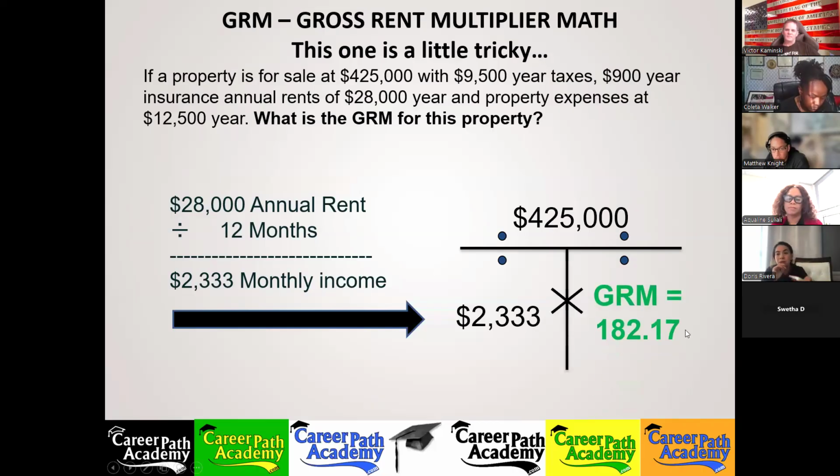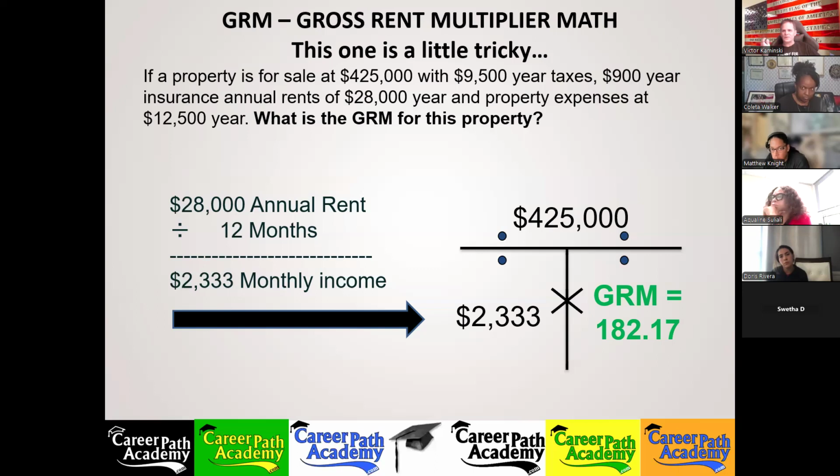There you go. The T formula makes it easy, but you need to know what numbers to plug into the T formula, or the reverse T formula in this case, where the large number goes up top and the gross monthly income on the bottom. This question gave you a bunch of additional numbers that you didn't need. You don't need to know the taxes or the annual insurance or the expenses on the property.